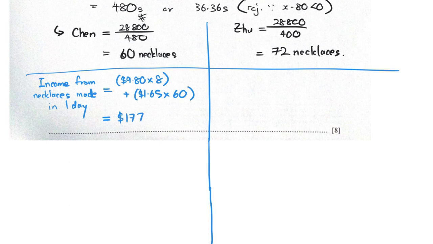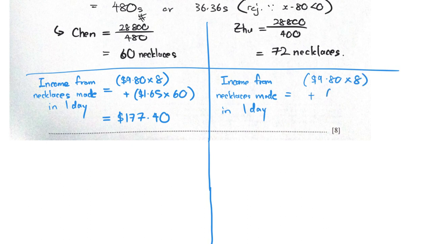So per day, Chen will make $177.40. Whereas for Zhu, we'll find the same rate per day. And that would be similar, 9.80 times 8, added to the 72 necklaces that they make.